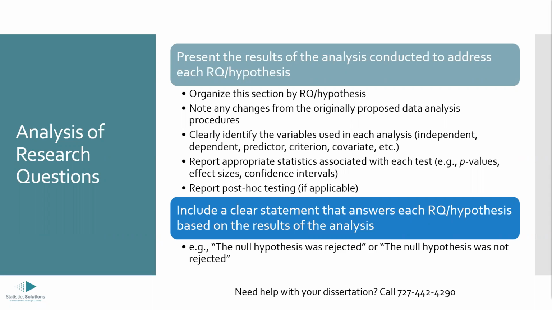So you maybe even have subsections for each research question. And you want to follow in order of your research questions if possible. So if you have 5 research questions, then you just want to list out your analyses and the results in order for research questions 1 through 5.